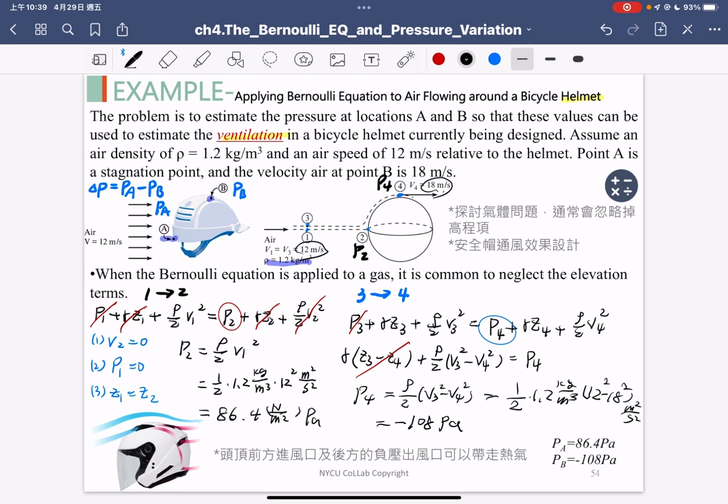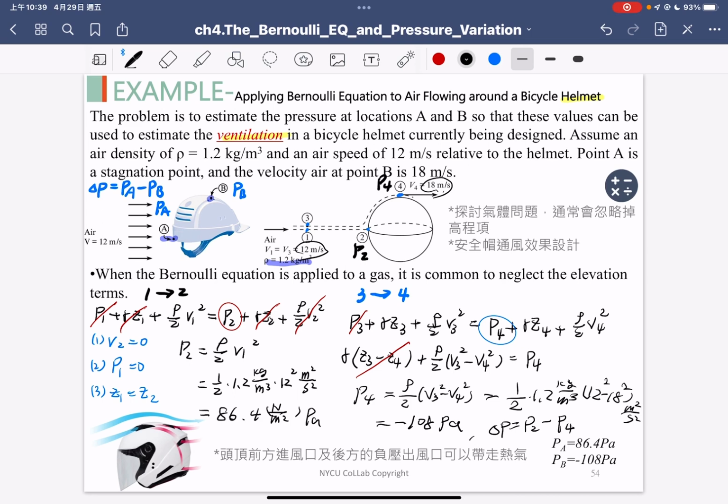Okay, so right now you already know we have the different pressures, and how large a difference we have. So we can compute the delta P, which should be equal to P2 minus P4, right?